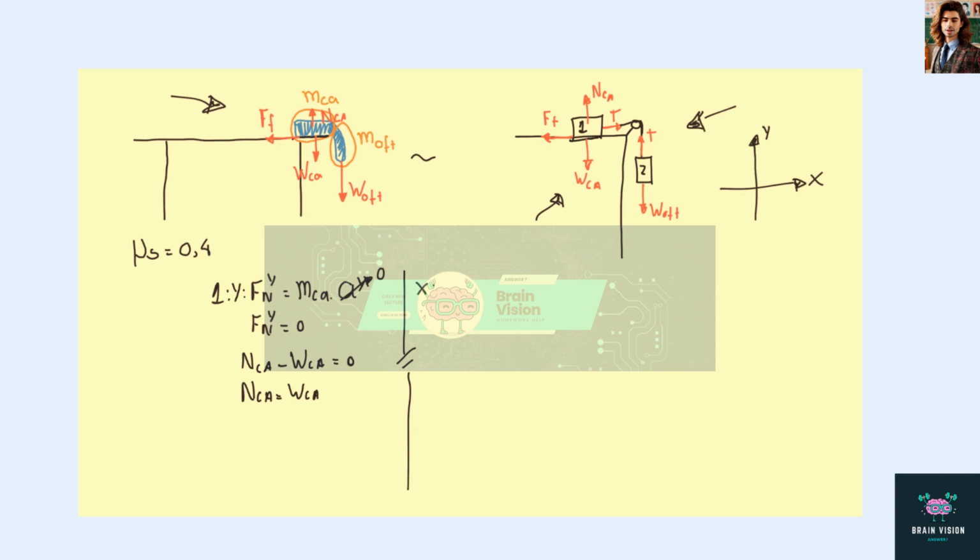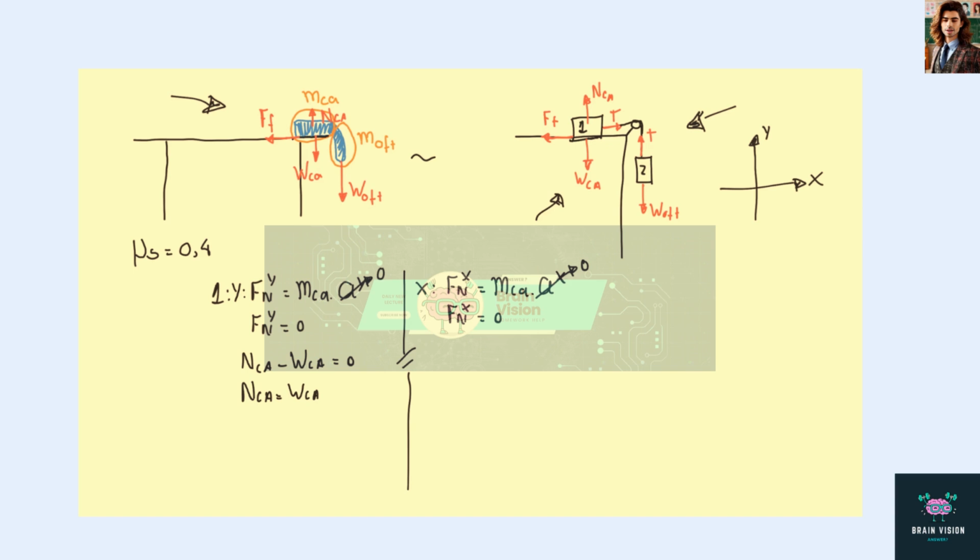Now, what happens when we apply it to the x-axis? The net force on the x-axis is equal to the mass m_CA times the acceleration on the x-axis, which is equal to 0 for the same reason the acceleration on the y-axis was equal to 0. Then the net force in the x direction is also equal to 0.